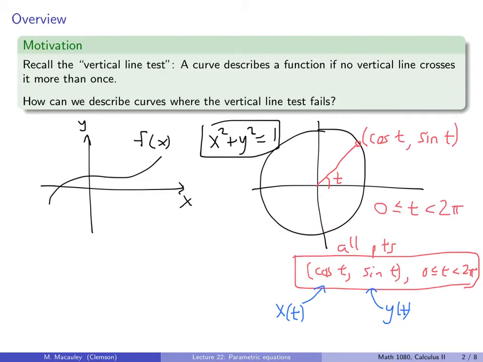At any time t, this is the x-coordinate and this is the y-coordinate. If you take all possible values of t that I specify, then the ant has traced out all points on the circle, and that describes a curve that potentially fails the vertical line test.